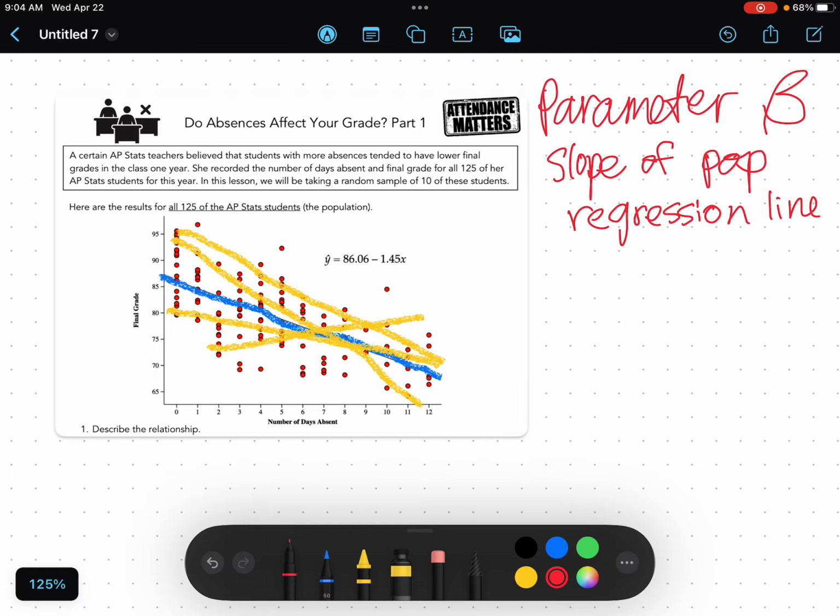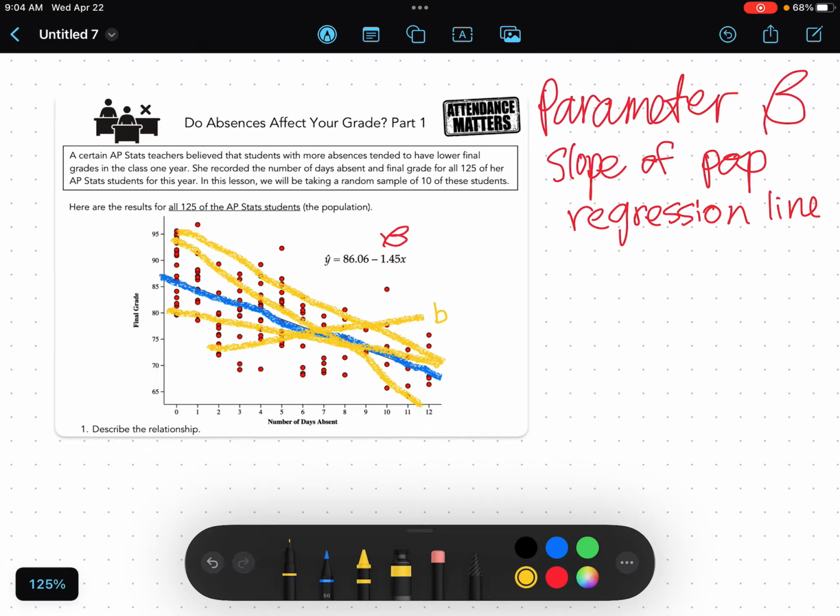That's why last week when we were writing the equation, y hat equals a plus bx, I insisted that you use a plus bx, because we have this population slope beta, but if you did one of these smaller regression lines, this would have a slope of b.